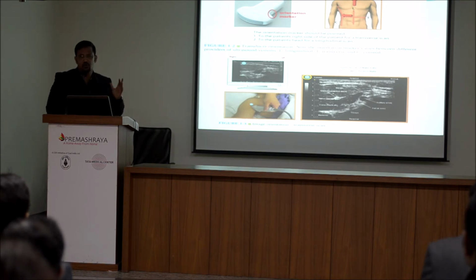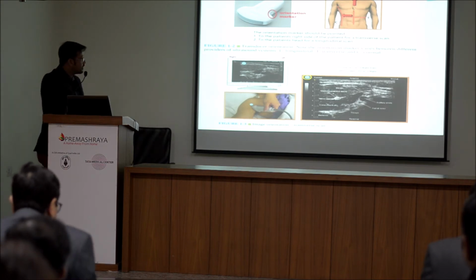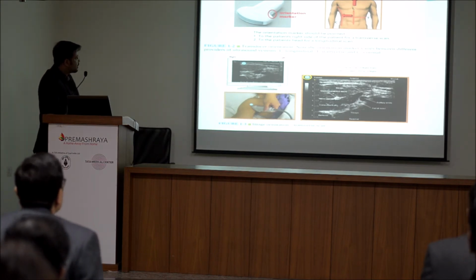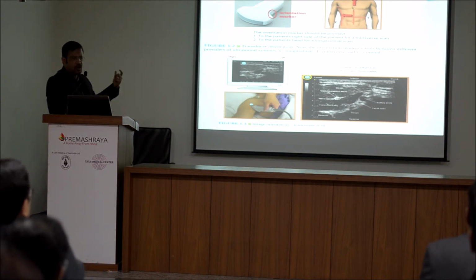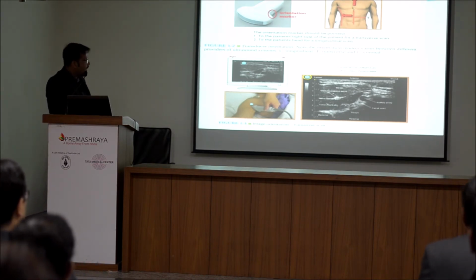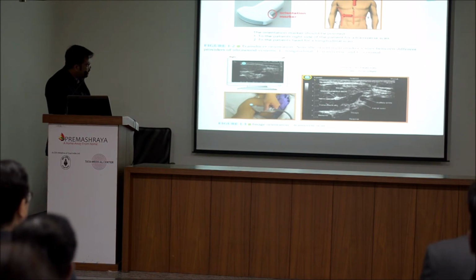Orientation marker. You should know which is medial, which is lateral, which is cephalad, which is caudal. And this is by the orientation marker which is present in the probe. You will have a ridge or a notch in the probe, and this ridge or notch usually corresponds to the upper left side of the monitor. Okay?